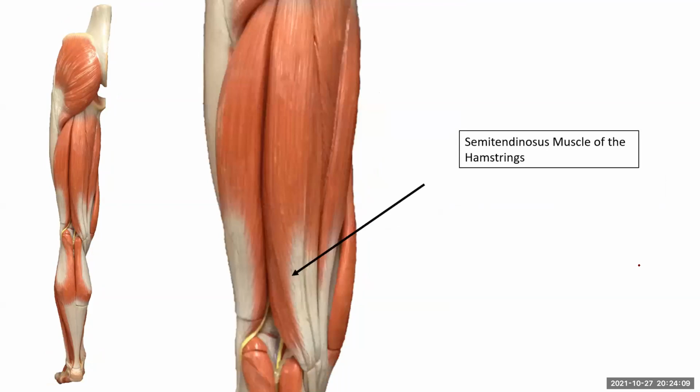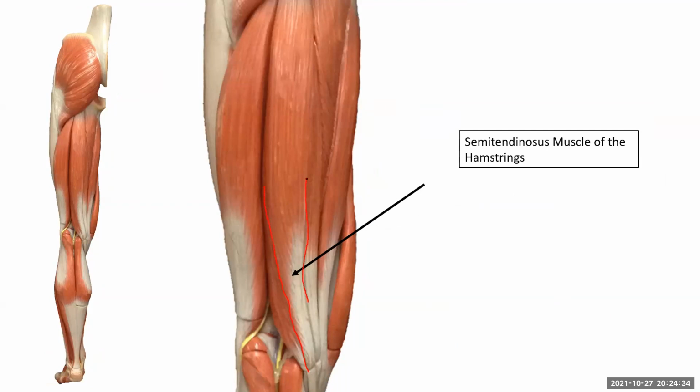Now we have our semitendinosus muscle. So it's hard to see because part of the semitendinosus muscle sits on top of semimembranosus. So I'm just going to kind of outline the semitendinosus muscle here. So in between those red lines there, that is the semitendinosus muscle.